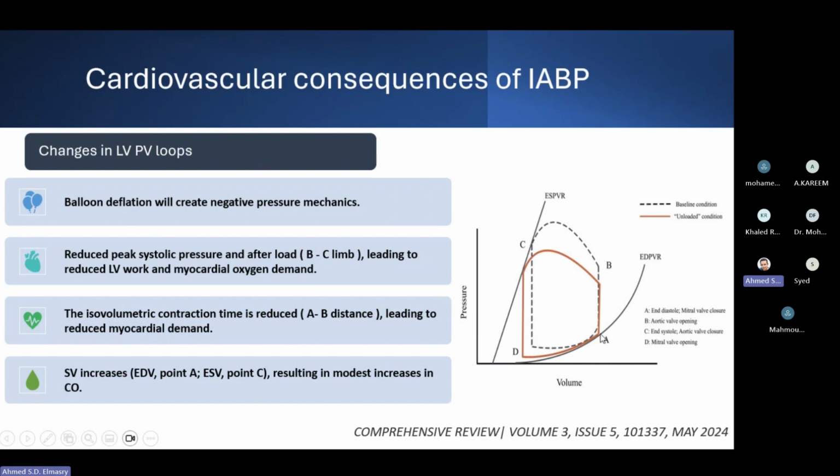There is a minimal change in the left ventricle end-diastolic pressure and left ventricle end-diastolic volume.